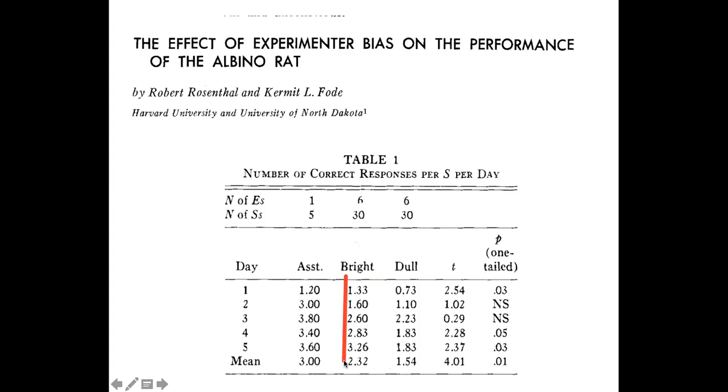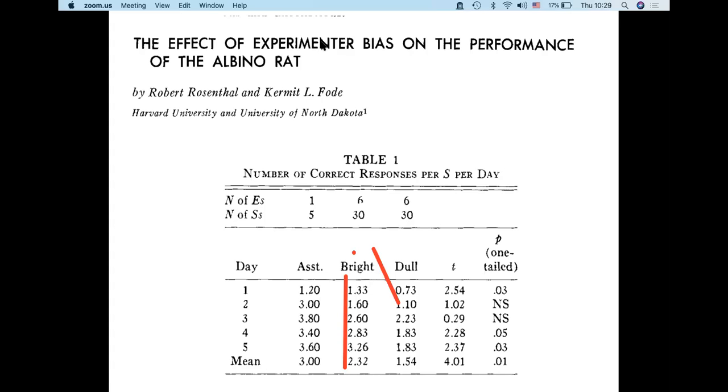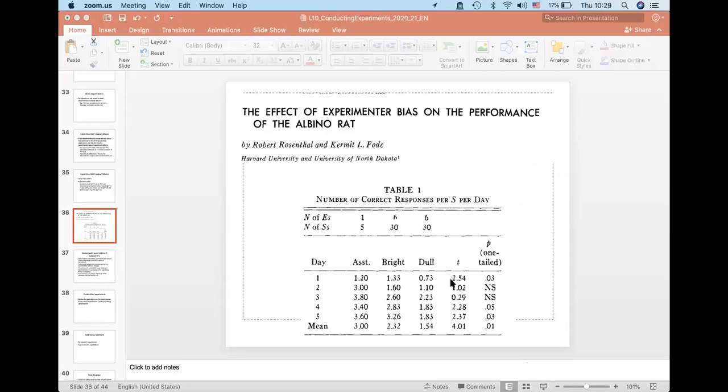I guess that you can see here what are the results measured in a number of correct responses when the experimenters are told that the rats are bright, and on the right, this is something going on with that. I'm sorry, I have to reopen the presentation.